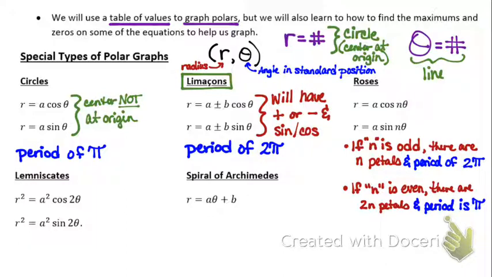So if n is odd, we have fewer petals, but we have to use every angle around the unit circle to see them all. If n is even, we only have to go halfway around the unit circle, but we end up with twice as many petals.